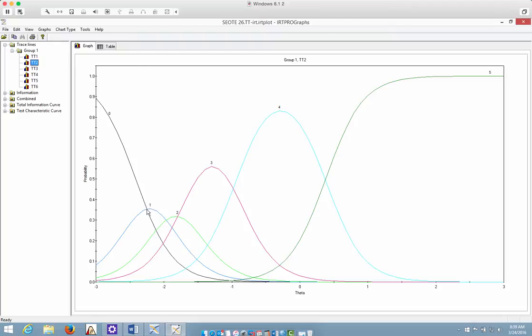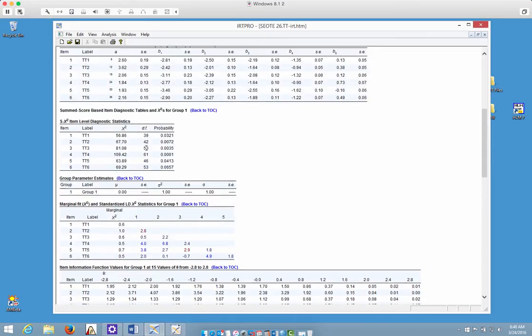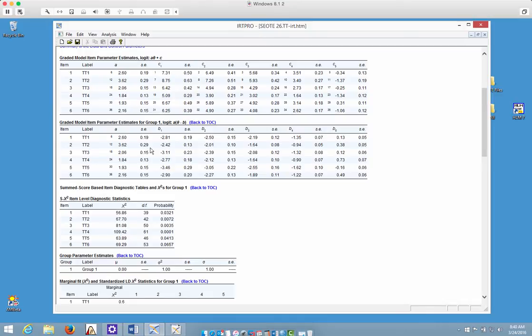And we can see that the threshold value is at about negative 2.3 or 4. Now we can verify that. We can go back to our output and go up to these threshold values and we see that in fact it is negative 2.4.